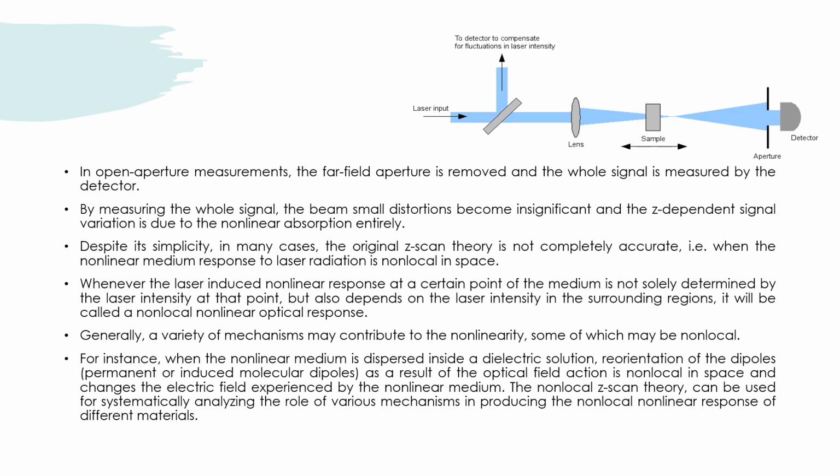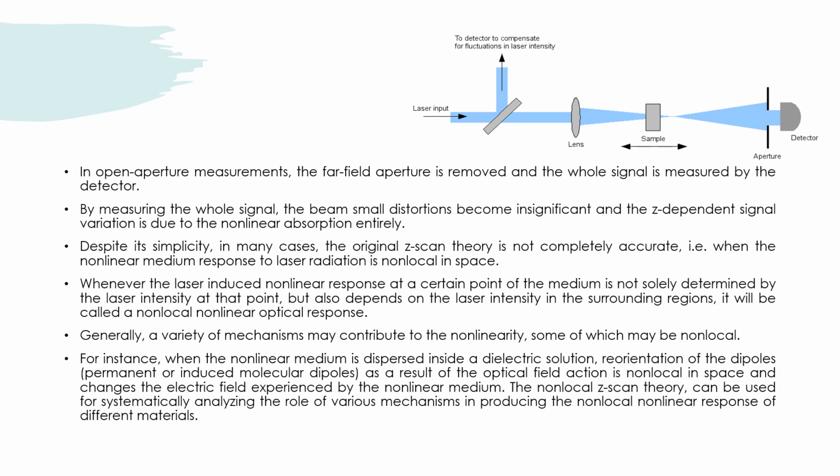Generally, a variety of mechanisms may contribute to the nonlinearity, some of which may be non-local. For instance, when the nonlinear medium is dissolved inside a dielectric solution, reorientation of the dipoles as a result of the optical field action is non-local in space and changes the electric field experienced by the nonlinear medium.